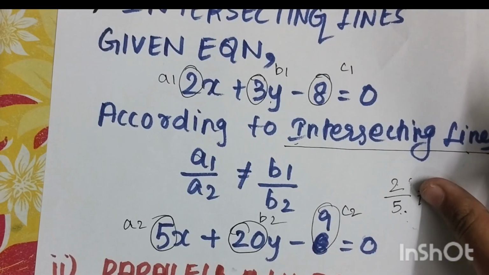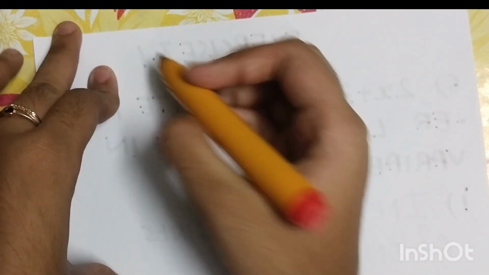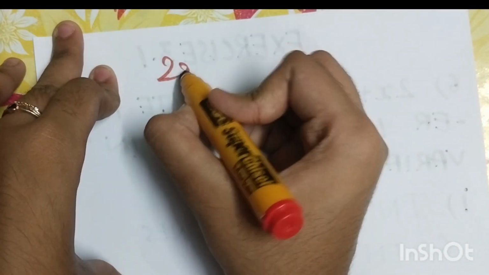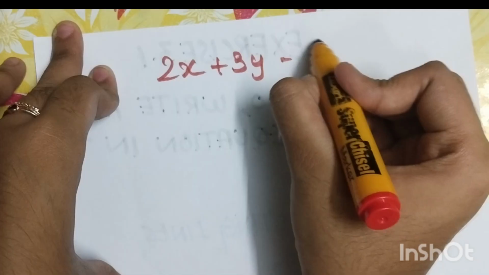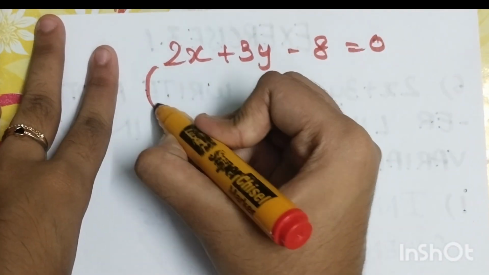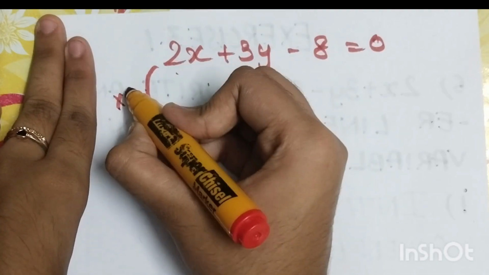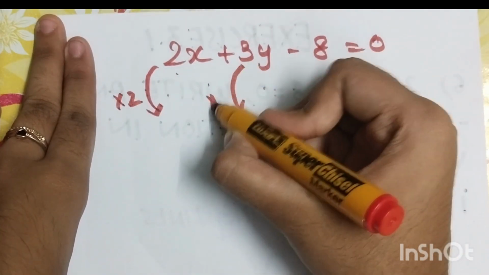So for example, I'm going to take the multiples of, okay, so first we'll write this equation, which is 2x plus 3y minus 8 is equal to 0. So now what I'm going to do is multiply this coefficient of x by 2 and this also by 2.